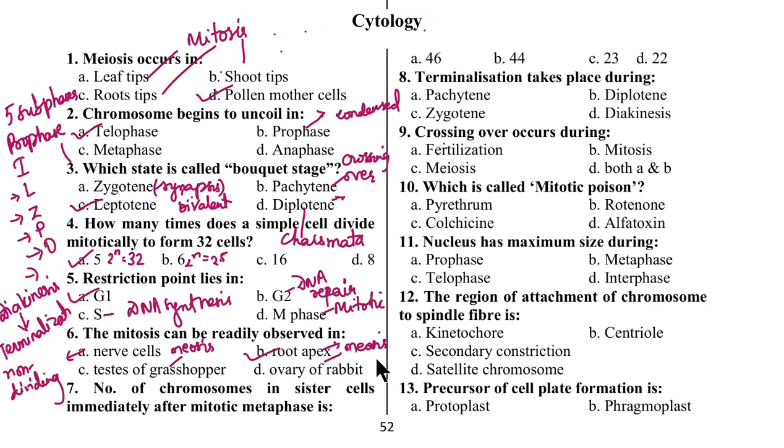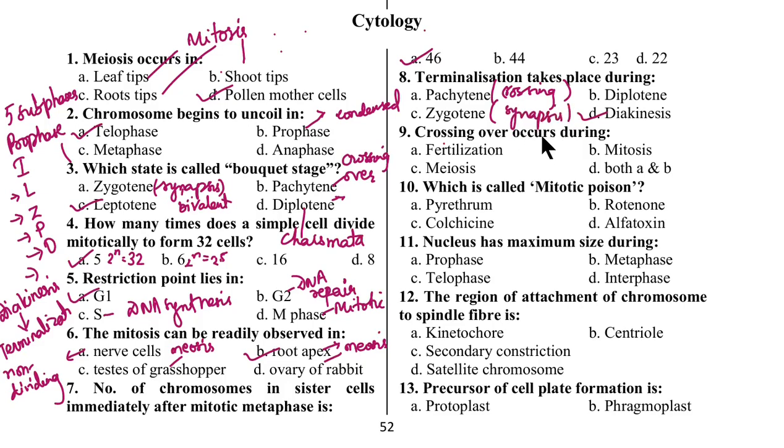Question number 7. The number of chromosomes in the sister cells immediately after mitotic metaphase is obviously 46. Terminalization takes place during diakinesis. Already mentioned, in case of pachytene crossing over takes place. In case of zygotene, synapsis takes place.